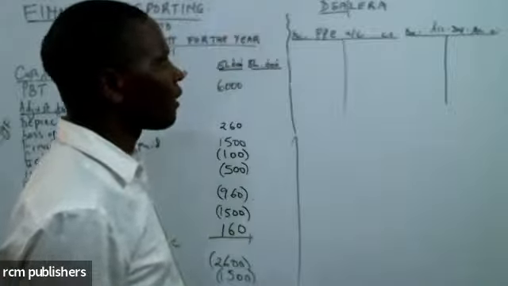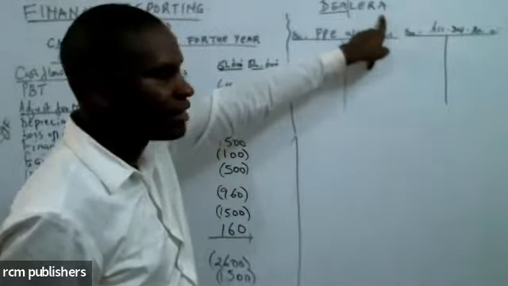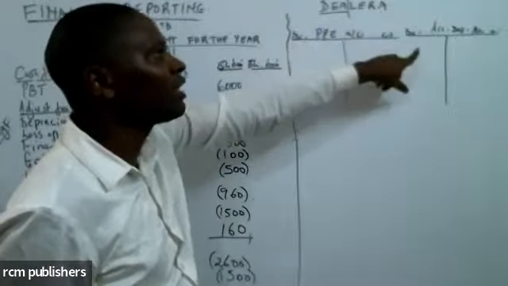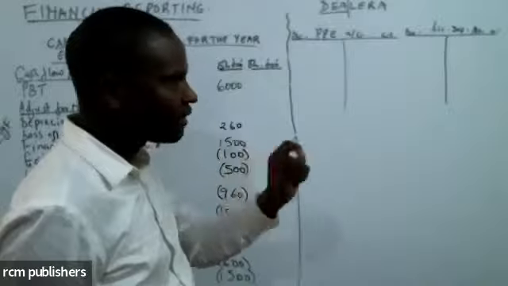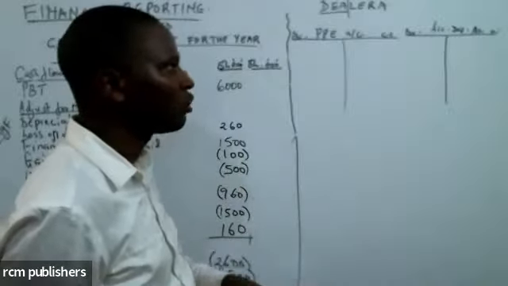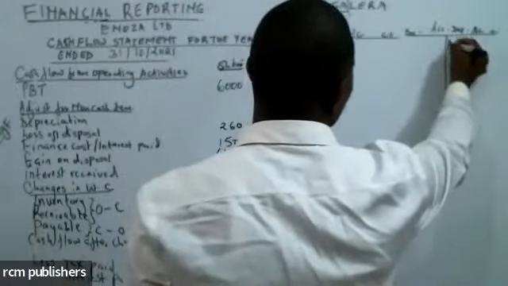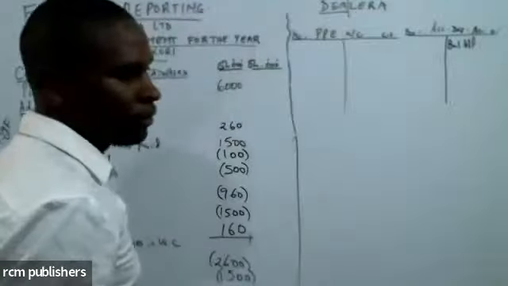If I look at accumulated depreciation, it's represented by A in the DEALER. So accumulated depreciation has a credit balance. Can you look at the additional information and give me the balance brought down for accumulated depreciation? Ni ngapi?